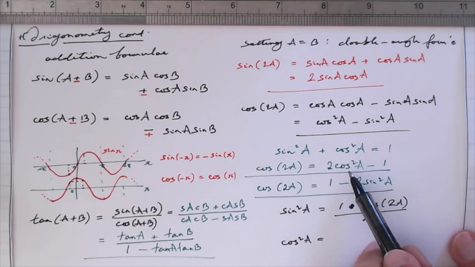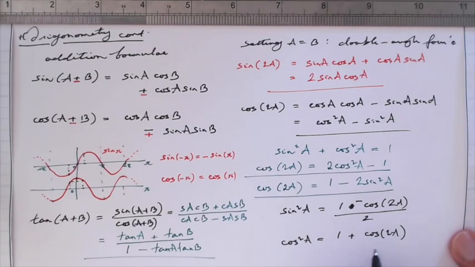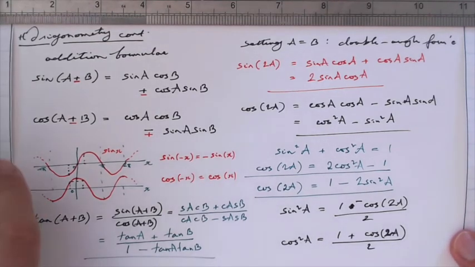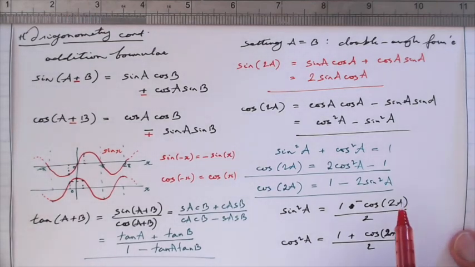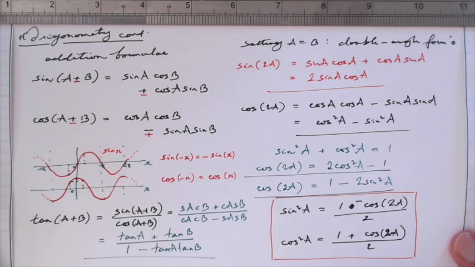And for cos squared, take the 1 over and divide by 2. I get 1 plus cos twice the angle divided by 2. So these 2 last formulas, and I apologize, I've smudged the sine squared one, are very useful, particularly as we'll see in a few lectures' time in calculus when we're doing integrals. These enable you to integrate sine squared and cosine squared, as we shall see.